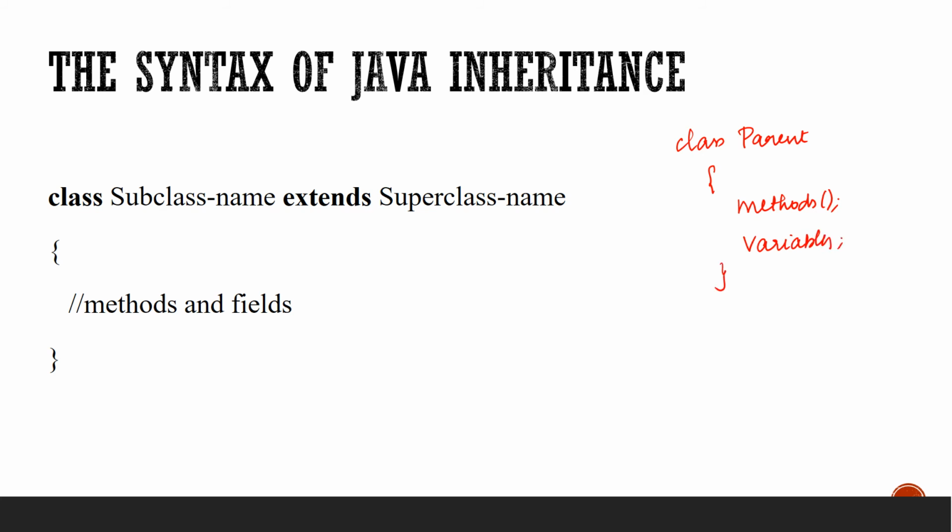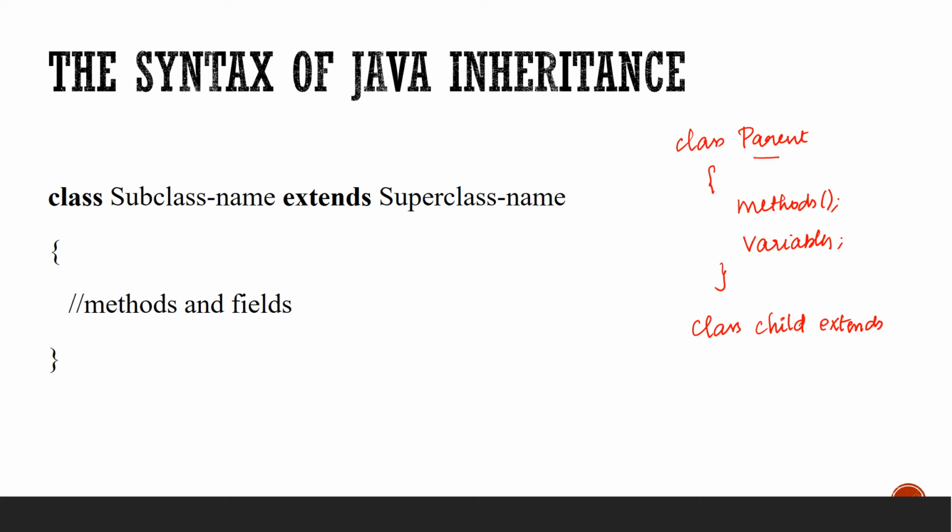And then you're going to create a child class. You should concentrate here more. Let's write class and name it child. And to use the inheritance concept in Java, you should use the keyword called extends. So whom does the child class extend?